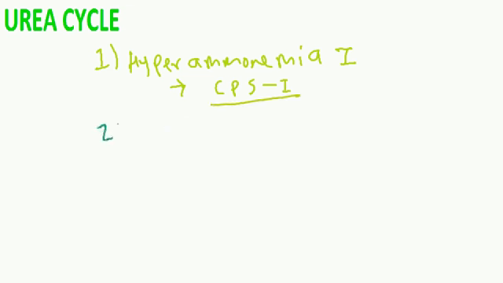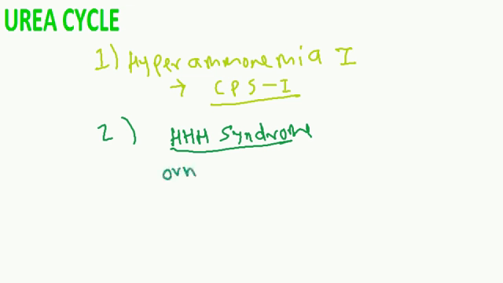And the second disorder is HHH syndrome. And the enzyme involved is ornithine transporter. We have seen that ornithine is transported from the cytoplasm to the mitochondria. So ornithine transporter.